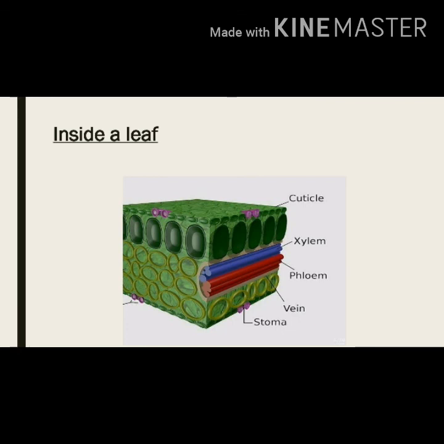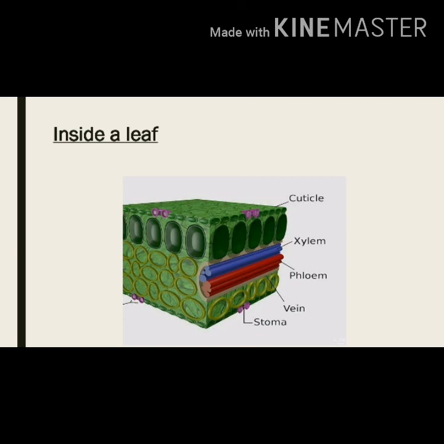Now let's discuss the inside structure of a leaf. The upper skin of a leaf is transparent to let the light through to the cells below. It is covered by a layer of wax. The layer of wax is called cuticle, and it makes the leaf waterproof. Xylem tissues are for the movement of water and minerals.